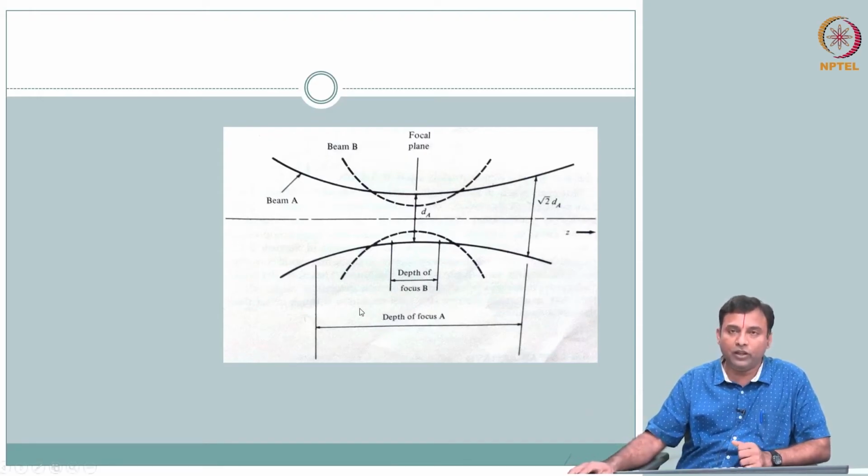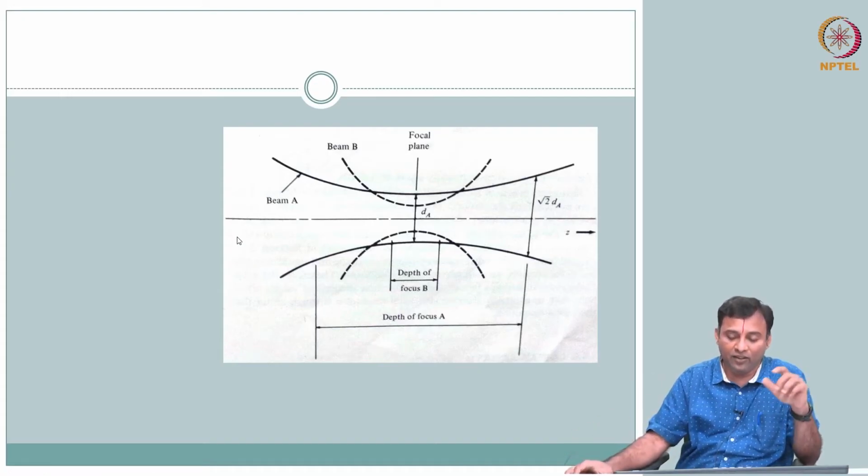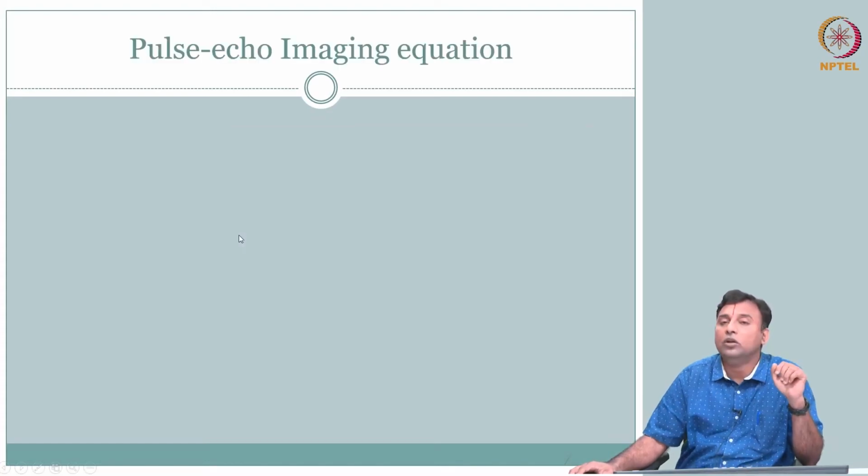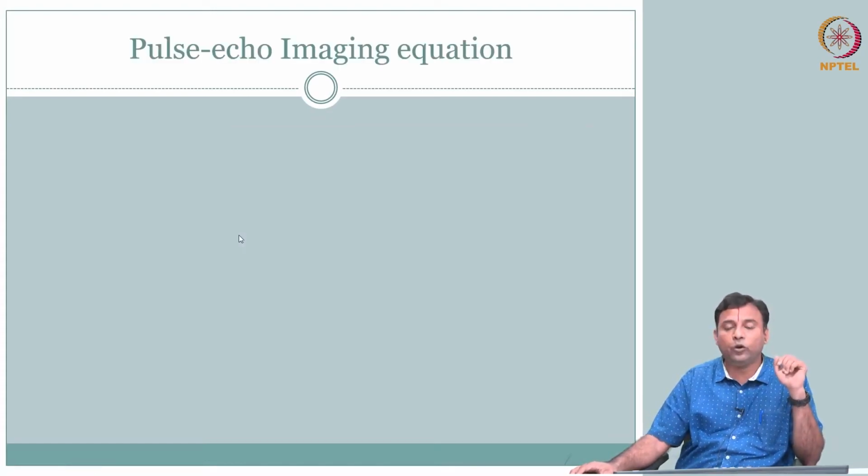So the focus will be on carrying forward our imaging equation using this transducer, and of course along the while appreciating the different aspects that we covered with respect to say focusing, divergence, beam width, all that. Okay, so let us move on to write down the pulse echo imaging equation.